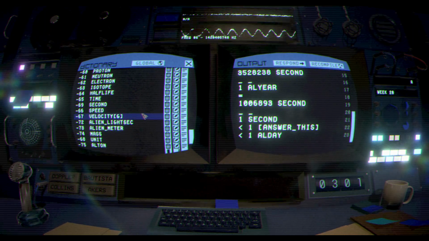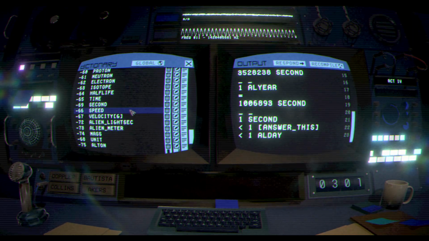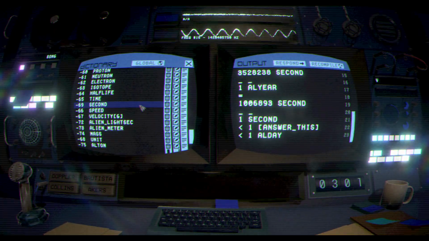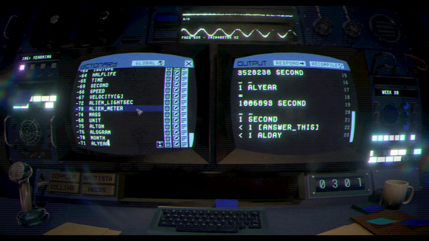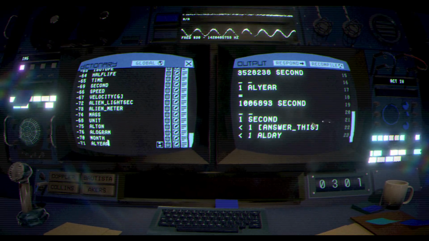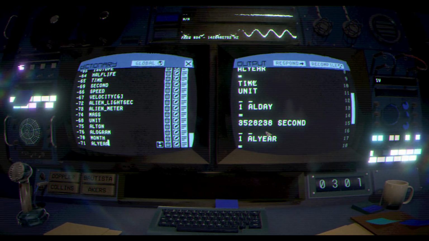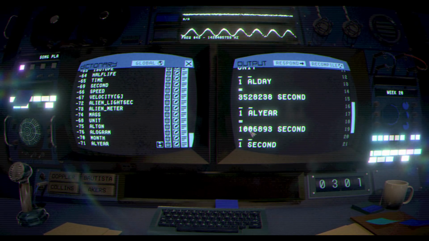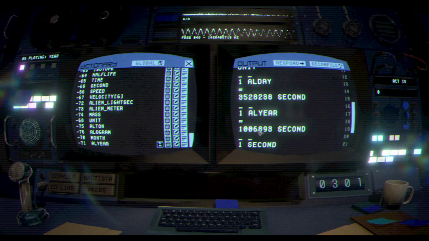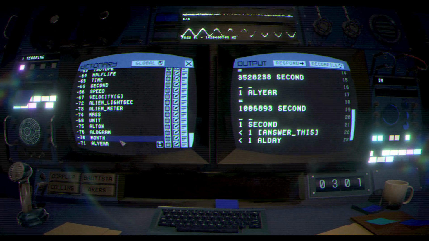Now, I have speed defined, and I have second defined, but do we have a middle unit here? Because, okay, yes we do.